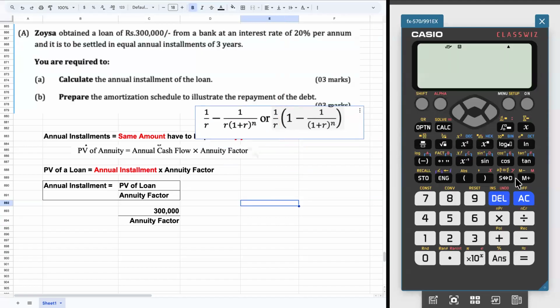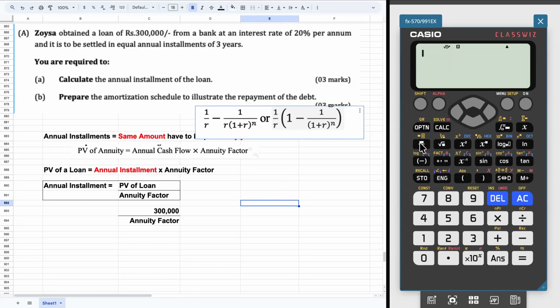So this annuity factor I'm going to calculate now using the second formula. 1 over R, where R is 20 percent per annum, so 0.2. Then open bracket 1 take away 1 over (1 plus R, which is 0.2) closing the bracket, to the power of the 3 year period.